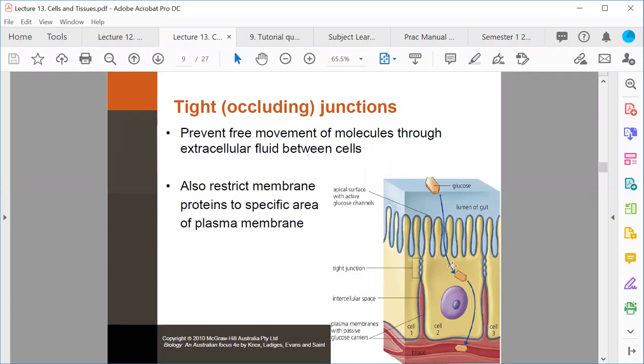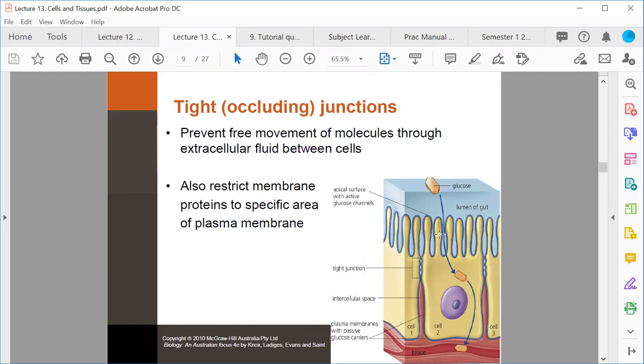Okay, but the important point here is that the tight junctions that are found in between adjacent cells prevent glucose from moving in between the cells. It forces the glucose molecules to move through the cells, into and out of those cells. Another important function of the tight junctions is that they restrict the different membrane proteins, those different glucose transporters, to specific areas of the plasma membrane.